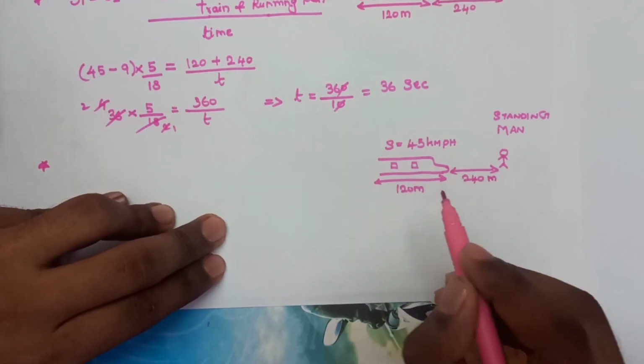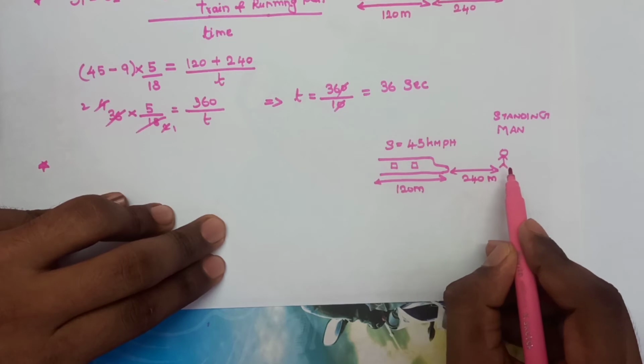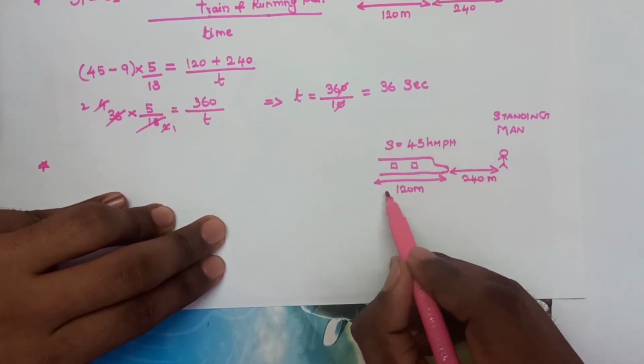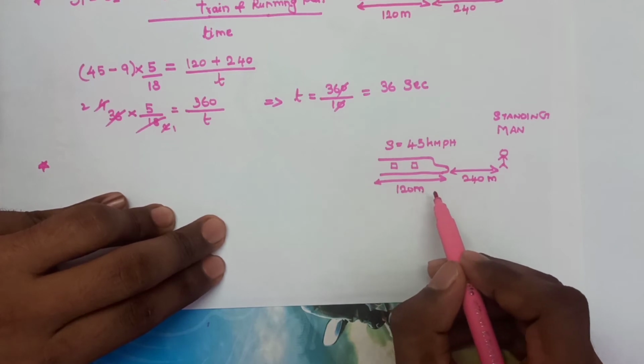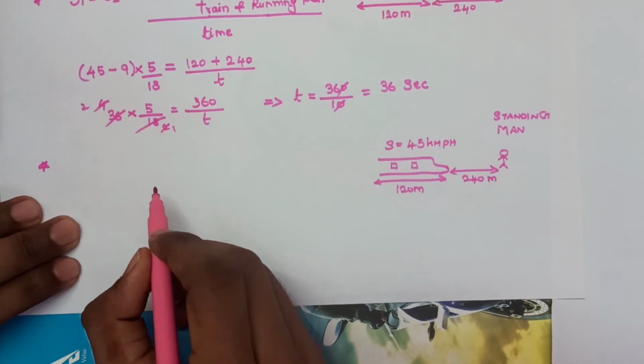In this question, the train would have crossed this 240 meter first in order to reach the standing man here, and then it would have crossed its entire length, that is 120 meter. So then it obviously comes under the line method. What is the formula in line method?